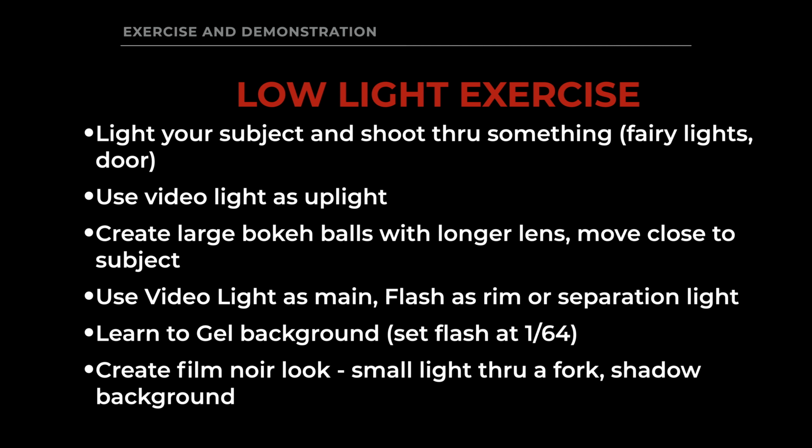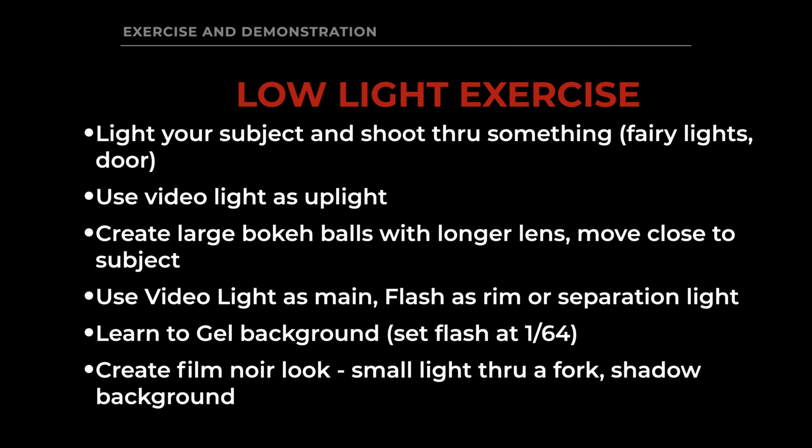You can even take a person on the street with car lights behind them, street lights, store lights, whatever lights, and create that beautiful bokeh effect that's blurred out. And that's a very impressive low light nighttime shot that you need to master.